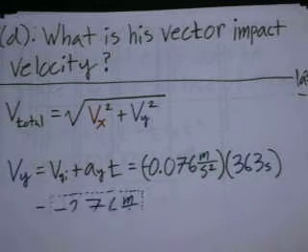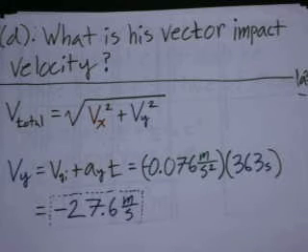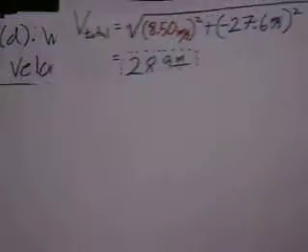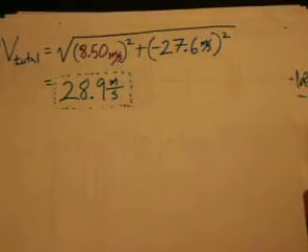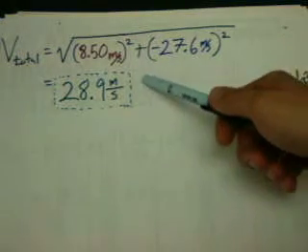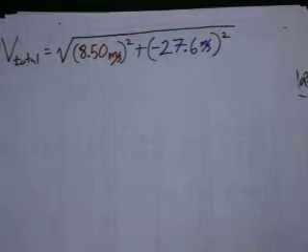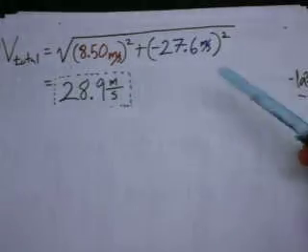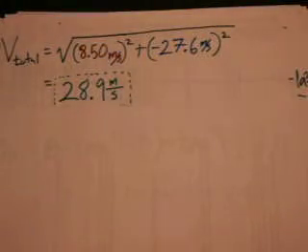This will give us a final velocity in the y direction of negative 27.6 meters over second. Now, substituting this into our equation and solving will give us 28.9 meters over seconds for the magnitude of our vector.